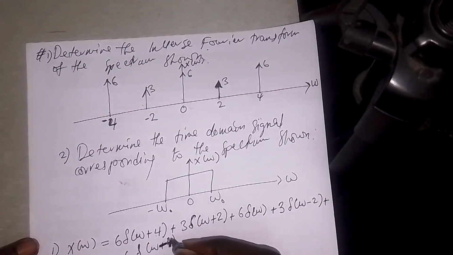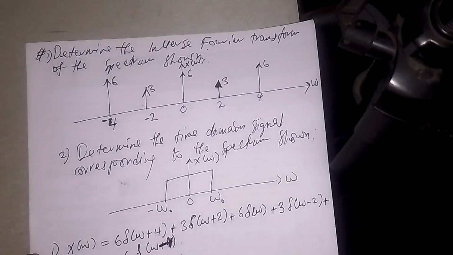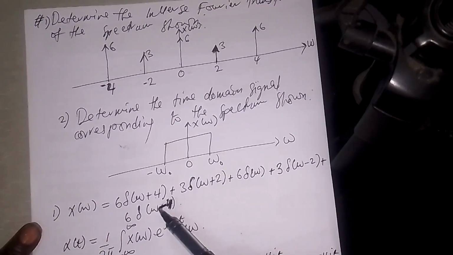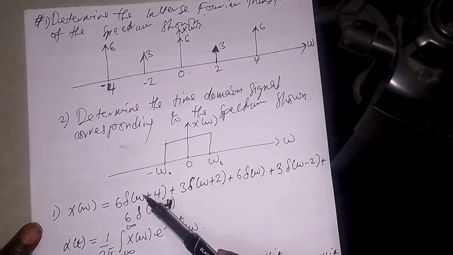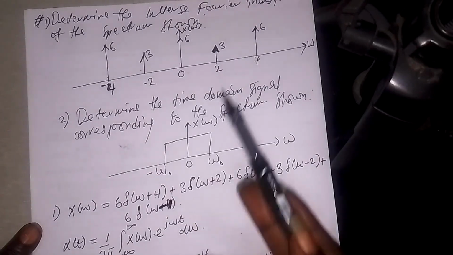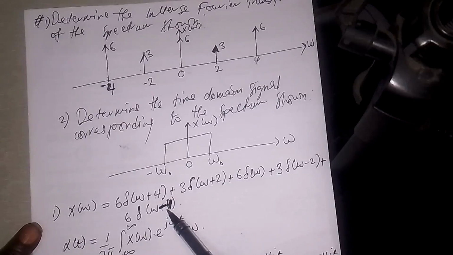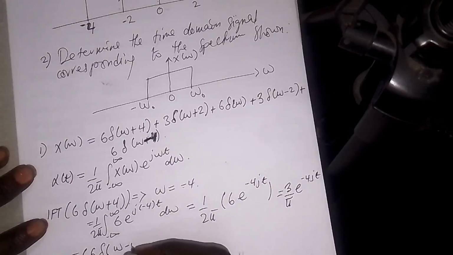It's not plus 4, it's minus 4. So please note, this place is W plus 4 and this place is W minus 4. So when I come here, I'll have 6 into delta W minus 4.